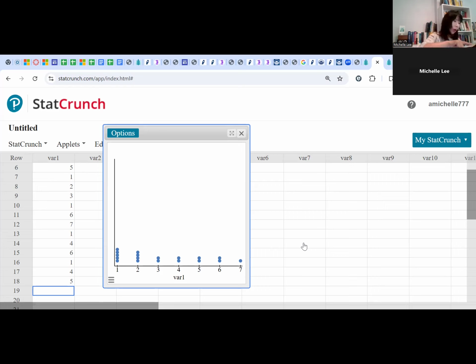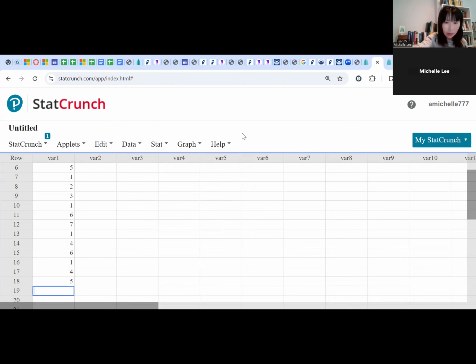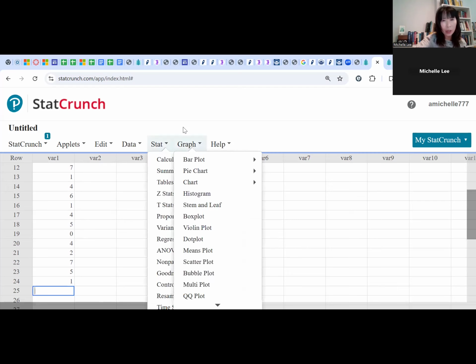Oh yes, I did not input the last column. So maybe I can do it right now: 0, 4, 2, 7, 5, 1. The last column I did not input. So let's do it one more time.